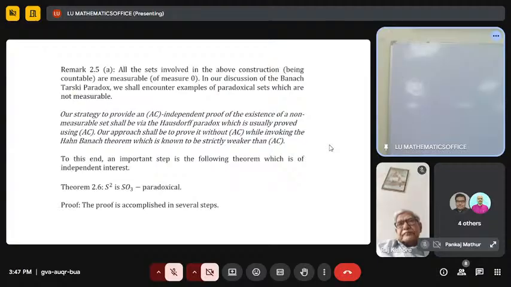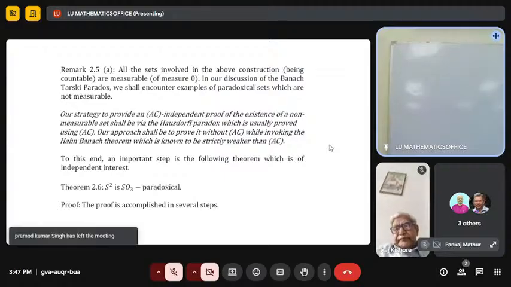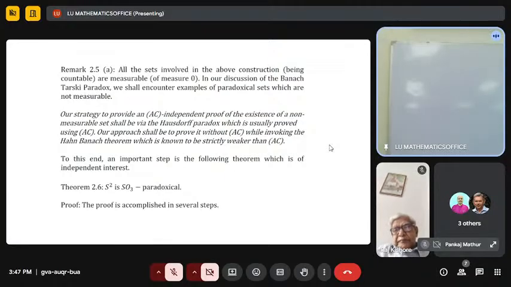Jadugari, literally. So this was a paradox. Still, we had a proof. Once there's a proof of something which looks non-intuitive, it's called a paradox. So it no longer is a paradox, but the terminology is still there, Banach-Tarski paradox.